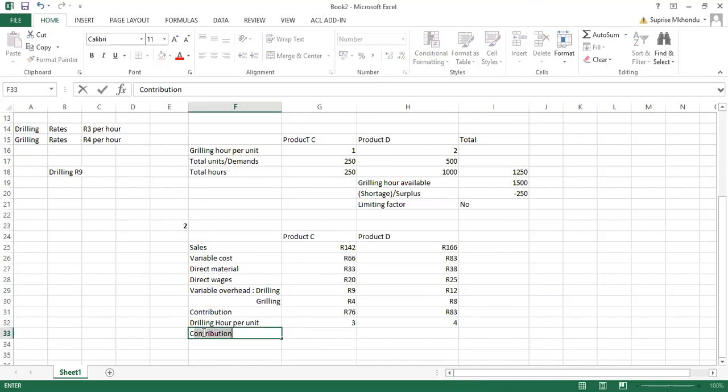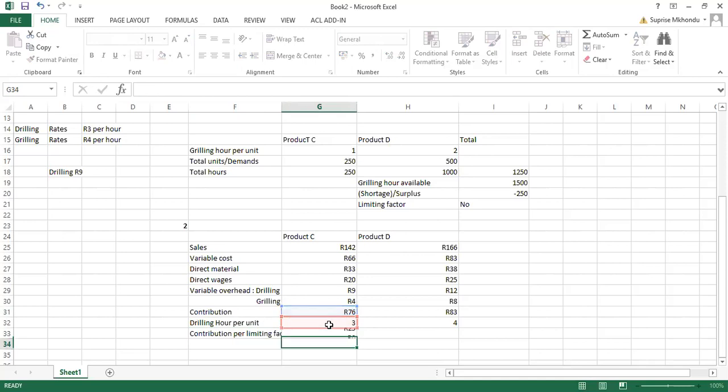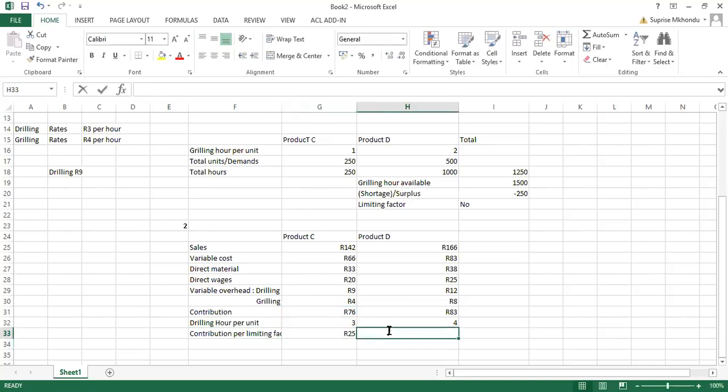I'm always thinking weighted average. Contribution per limiting factor. And then it will be how much? 25.33. Okay.